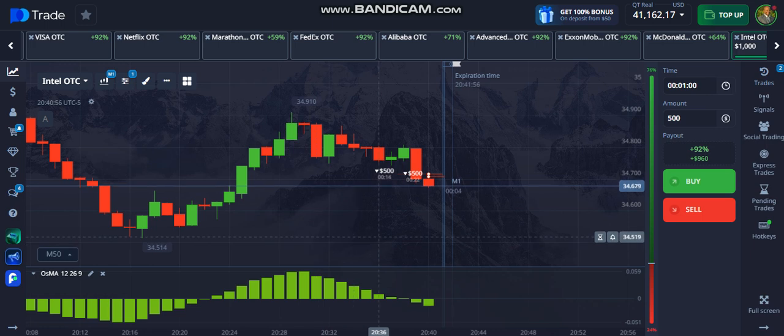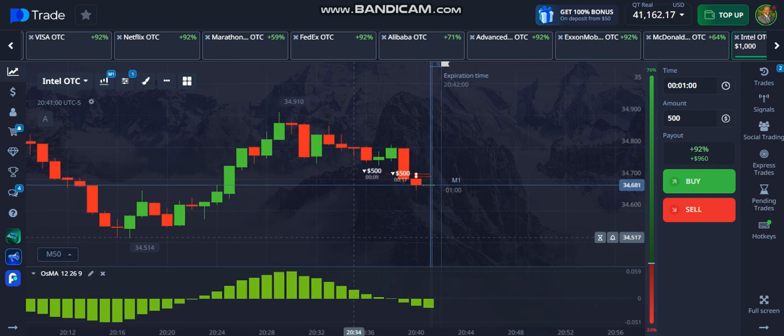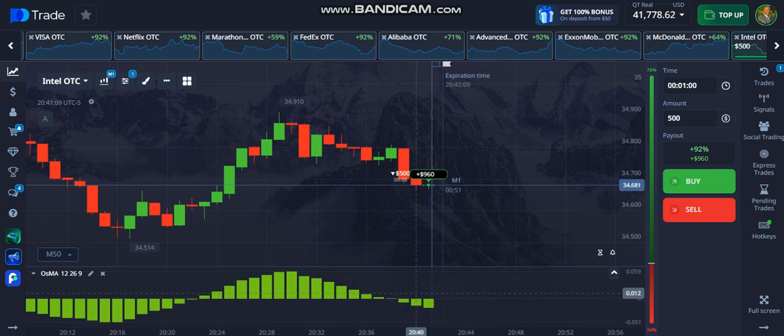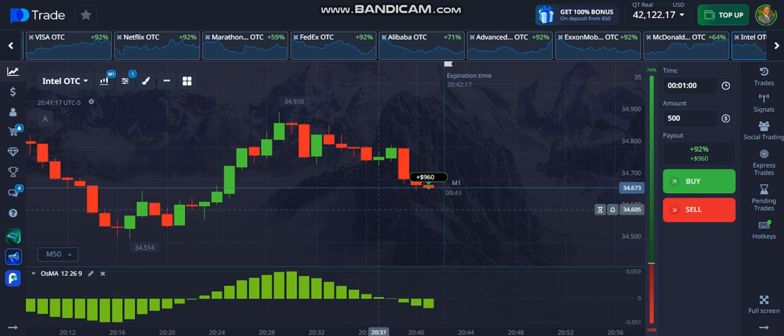I just discovered it a couple of weeks ago. Histogram lines growing. Excellent, great. So all our trades won. I think I took two trades there. One left. Okay, so we won our trades.